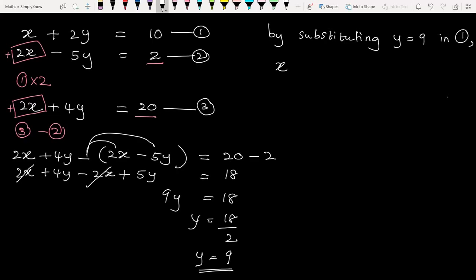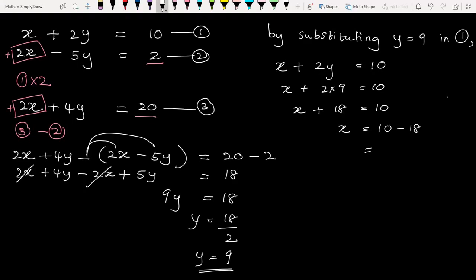Our first equation is x plus 2y equals 10. y is now 2, so 2 times 2 is 4. That means x plus 4 equals 10. Now x is 10 minus 4, which is 6. x equals 6. I think it's better to check our answer.